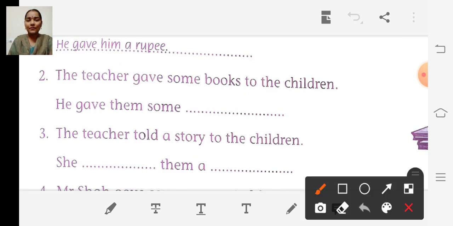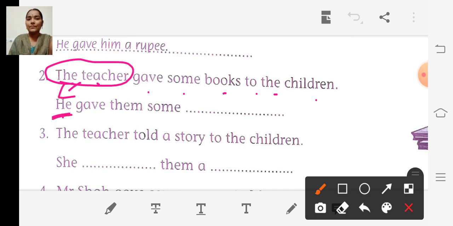Yes. Second sentence: the teacher gave some books to the children. So instead of the teacher, they have written he.